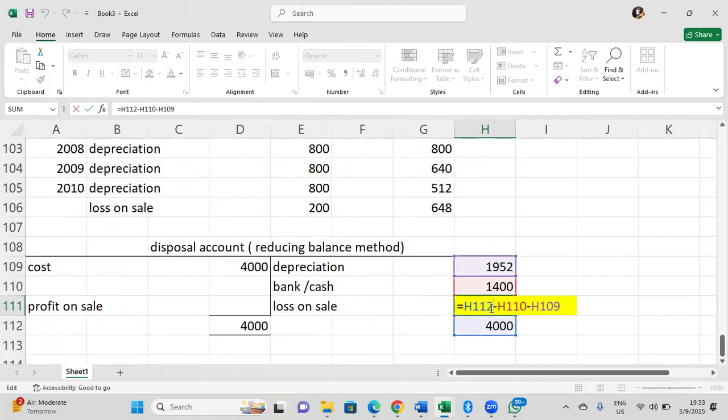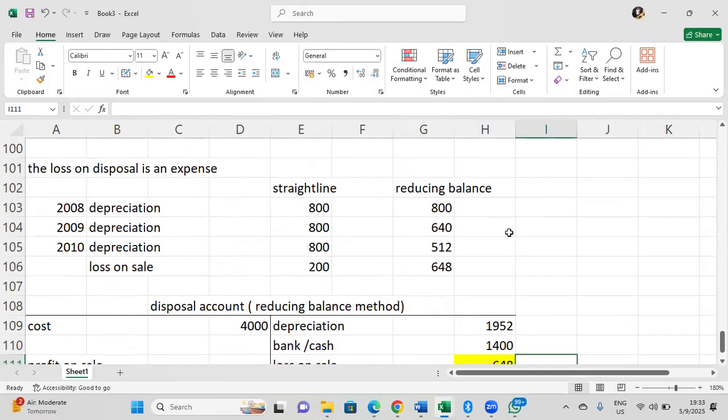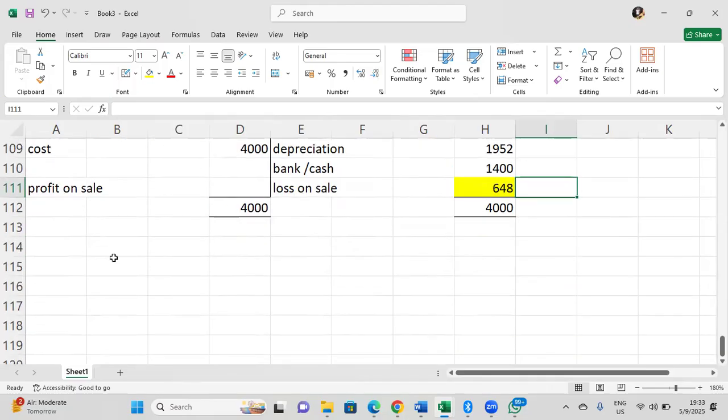Let's confirm. Yes, it would increase to 648. So this is the impact in the profit and loss. These are the expenses we will record in the profit and loss.